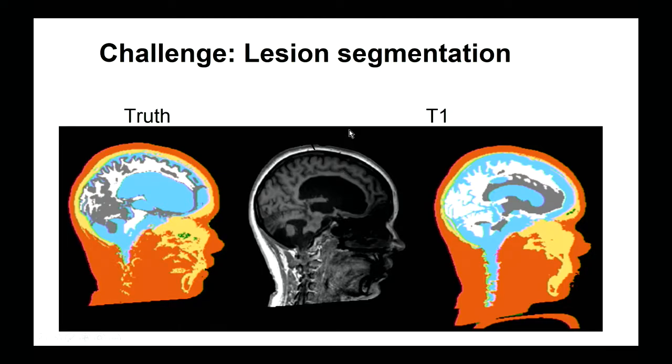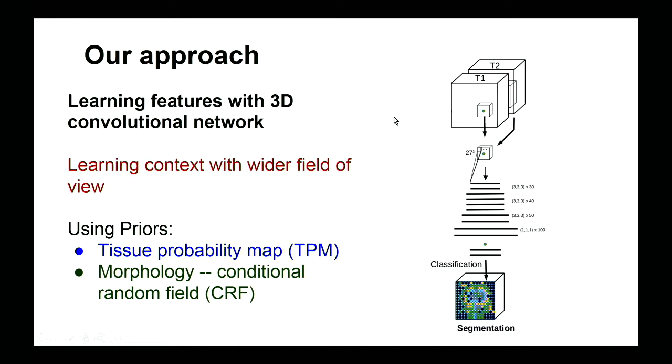Now, we're not so interested in developing artificial intelligence, and we want to try to solve this problem. So our approach is to combine the two approaches, using priors with a convolutional neural network.